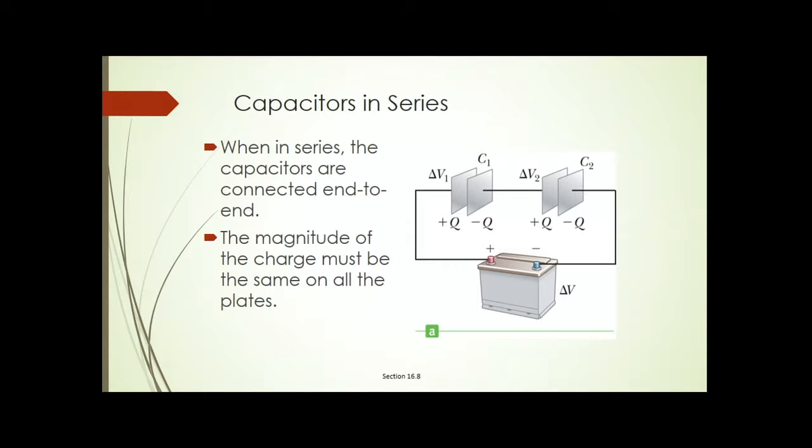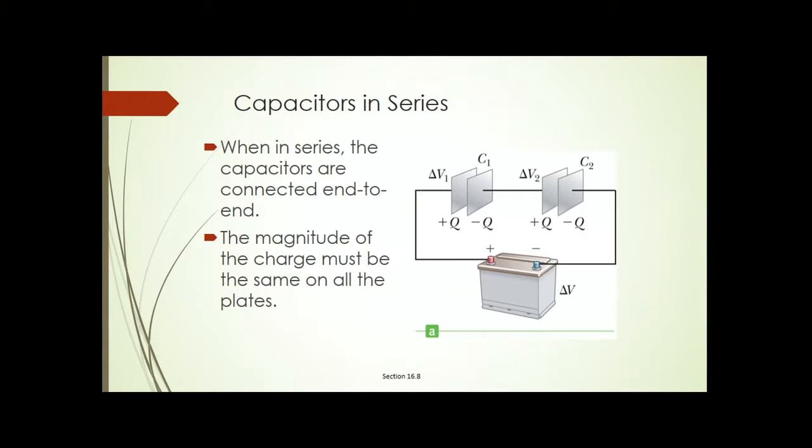So my potential difference across each one of those capacitors is going to be a little different. This time, it's the charge that stays the same, and what I'm going to end up with is something that looks like this.